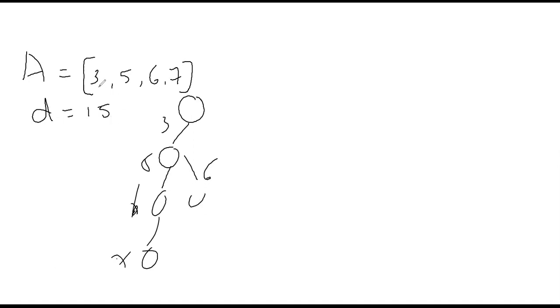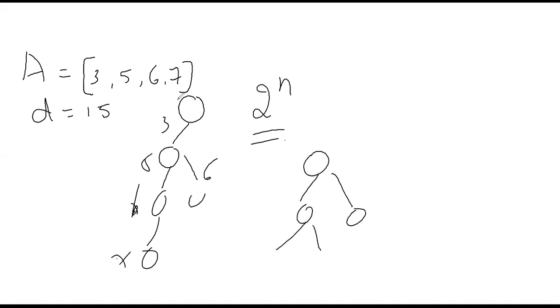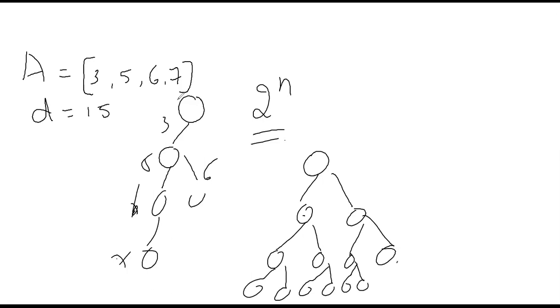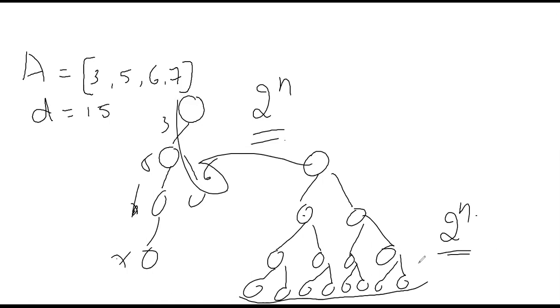So usually if there are 4 integers, then the tree needs height n. So what is the depth or height of the tree here? It is 4. So 2 power n is required here.